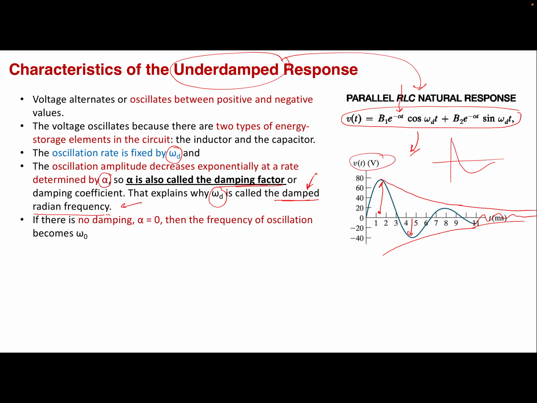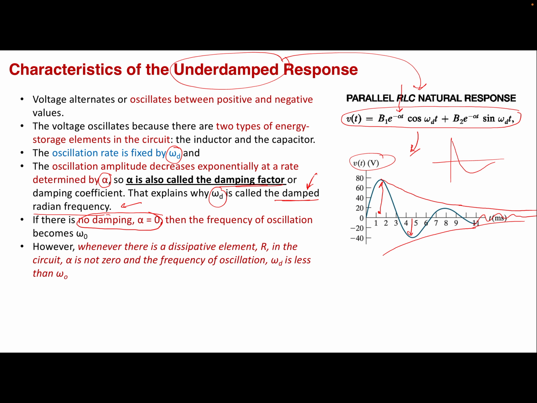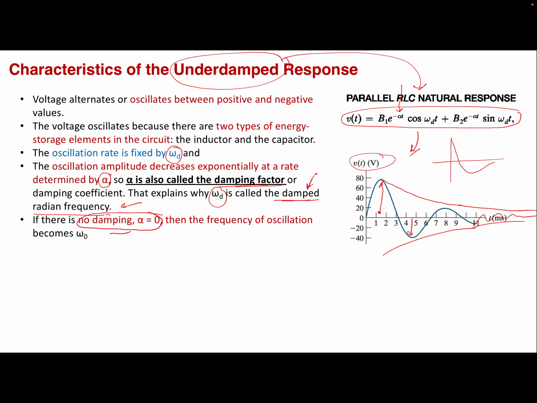In case there is no damping, you're going to have alpha equals 0, and your omega d will become equal to omega naught. Because omega d, if you remember, was the square root of omega naught squared minus alpha squared. So if alpha becomes 0, omega d becomes omega naught, and your oscillation is going to continue.